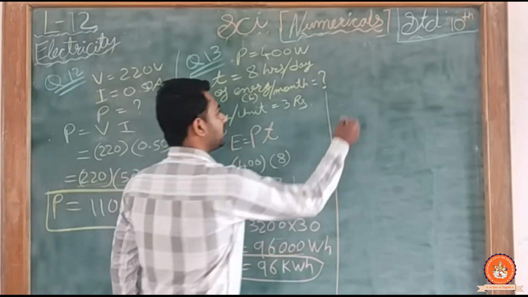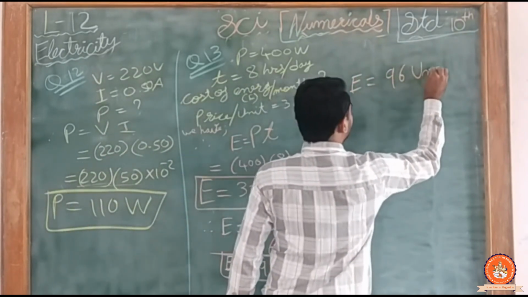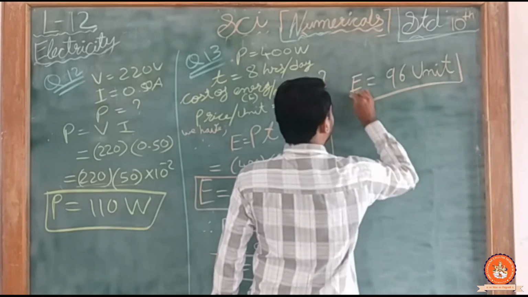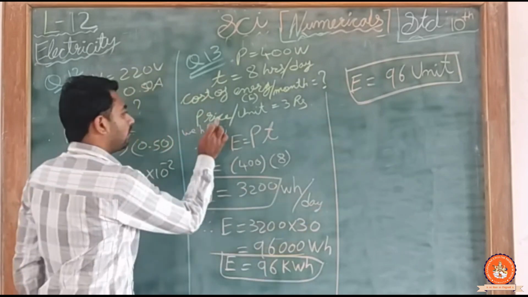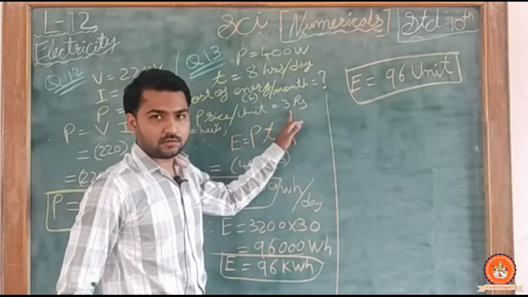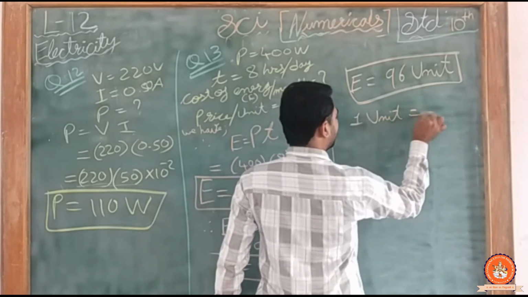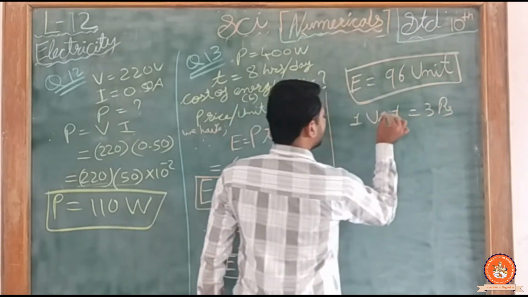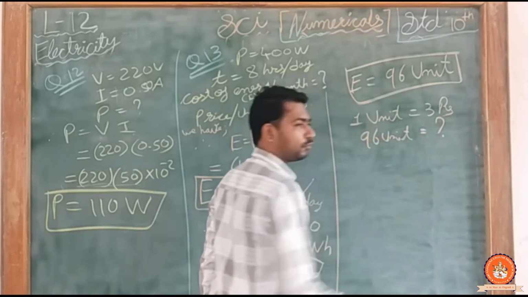That means E is equal to 96 units. So in 1 month I am consuming 96 units. So 1 unit price is 3 rupees. So 1 unit is equal to 3 rupees. So 96 units is equal to how many rupees?